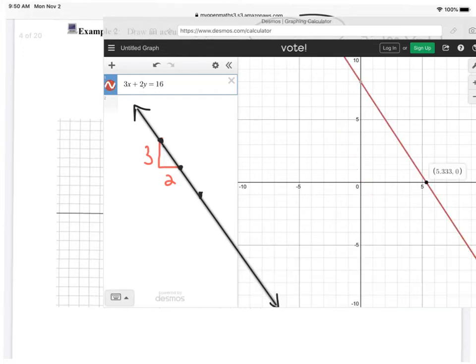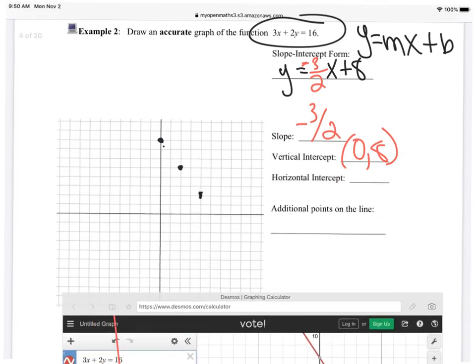Okay, let's look and see. So it's 5.3 repeating, comma 0. Oh, wrong button, y'all. Ignore that. So my horizontal intercept, the place where it touches the x-axis, is 5.3 repeating, 0.